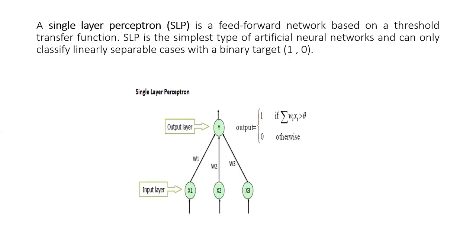So you have to understand that by using a single layer perceptron we can separate 2 classes of data, either 1 or 0. This is known as linearly separable data. We can separate it by using a linear classifier, or by using a perceptron we can classify the data.